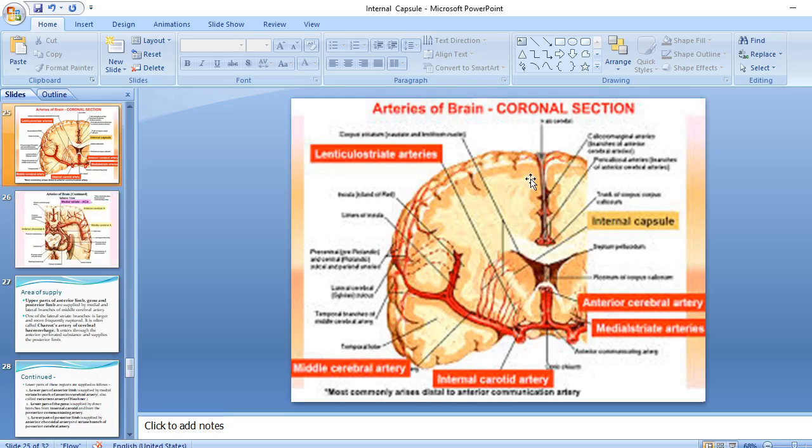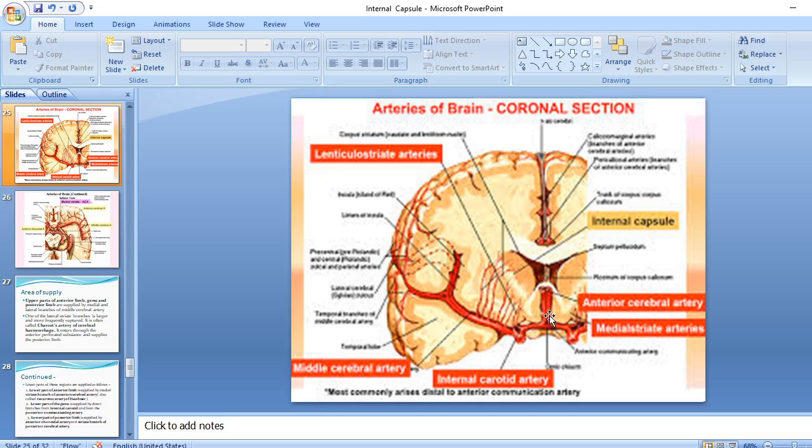Here in this diagram, you can see how the middle cerebral artery is giving striate branches going to the corpus striatum, that is the lentiform nucleus. So this is the internal carotid artery giving an anterior cerebral branch and becoming continuous as the middle cerebral artery.